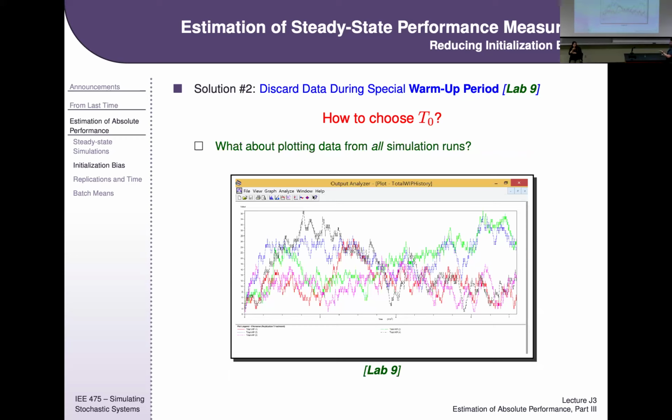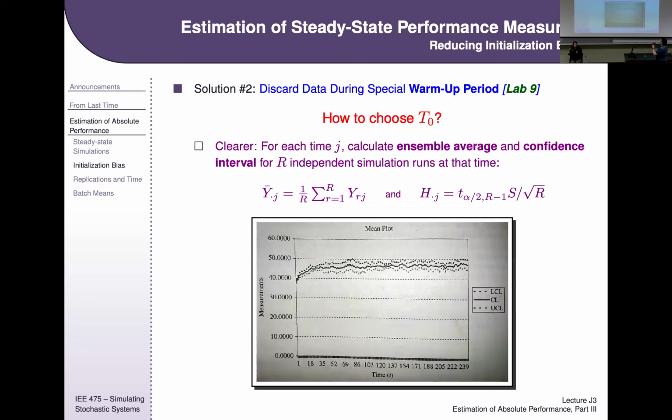But I'm running multiple replications. So maybe I can leverage the fact that I've got different replications that are independent from each other and use that. So if I've got multiple replications, like from Lab 9 here, so this is different initial seeds, all time 0, but they all go different ways. What if I average across them? So that's what we've got here. And the idea here is that I'm not averaging across time, I'm averaging across replications.